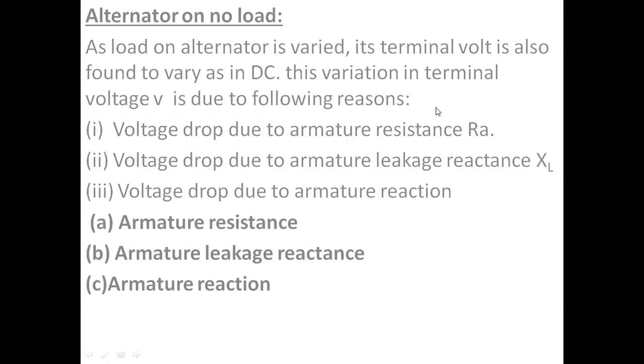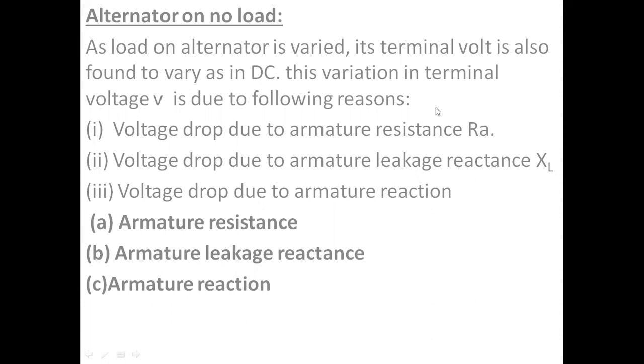This voltage across the inductor is called the voltage drop. This is in the armature due to the inductance. That's why it is called voltage drop due to armature leakage reactance, termed as XL.